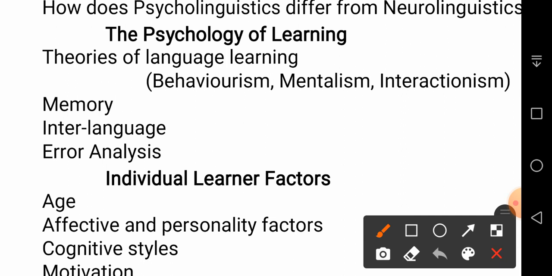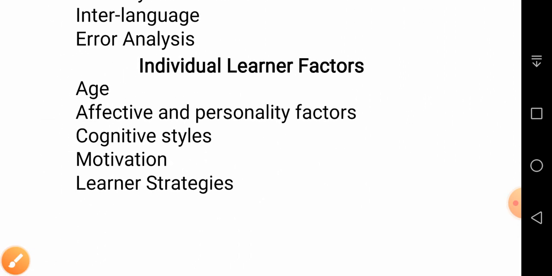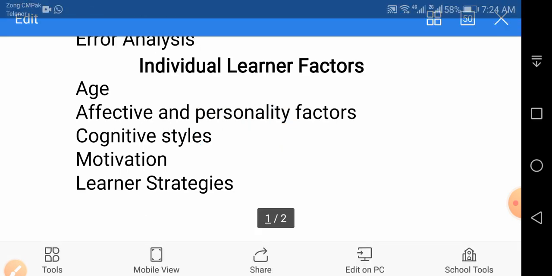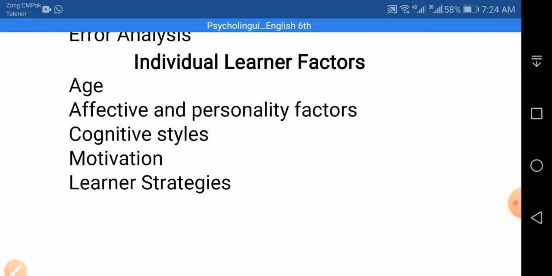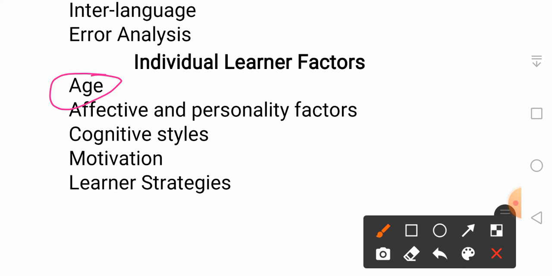So why are these individual differences? These individual differences may be caused particularly whenever we are going to learn language. In case of language learning, age can affect. This is a very important factor. As we grow old, languages can be learned very fast in initial stages, like when you are up to primary level, we can learn many languages.